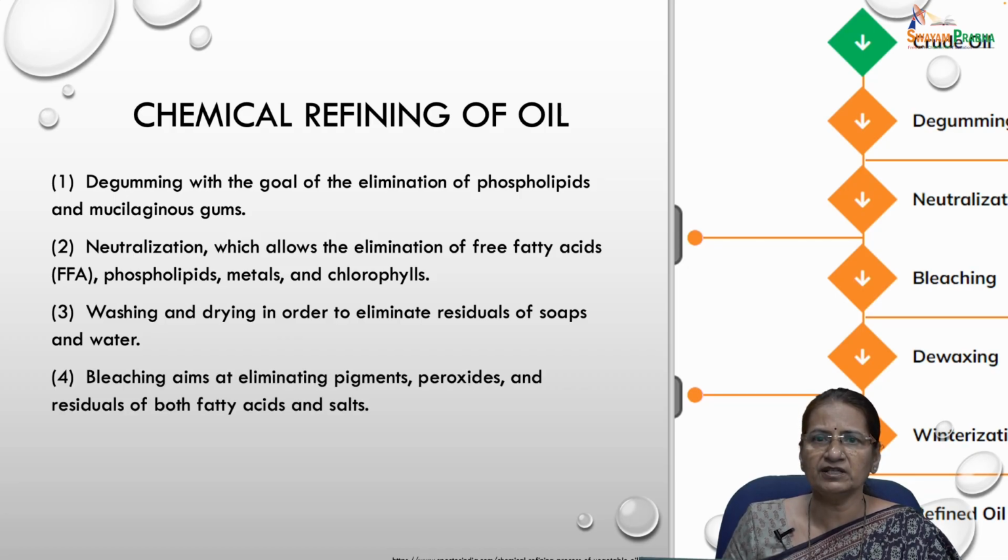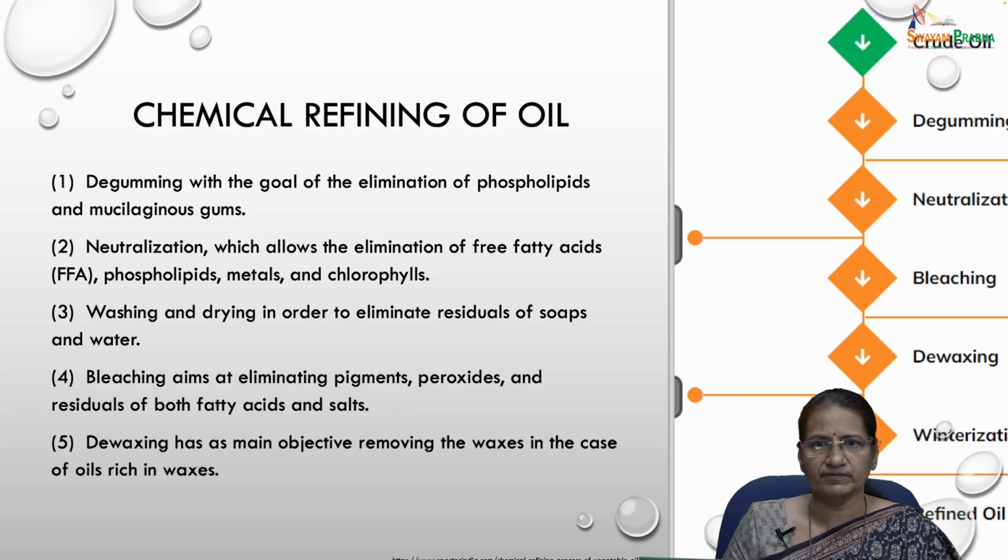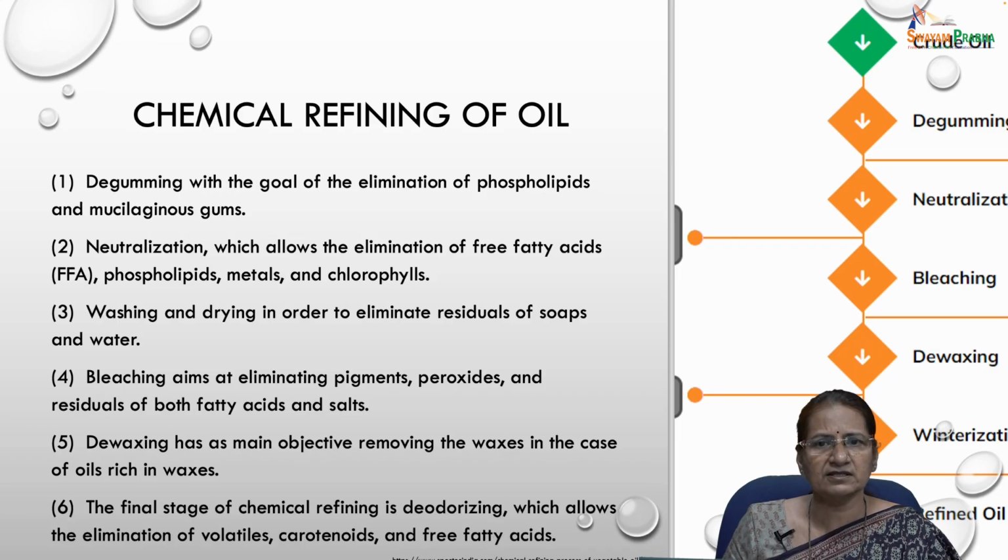Fourth, bleaching aims at eliminating pigments, peroxides and residuals of both fatty acids and salts. Fifth, dewaxing has a main objective of removing the waxes in the case of oils rich in waxes. And sixth, the final stage of chemical refining is deodorizing, which allows the elimination of volatiles, carotenoids and free fatty acids.